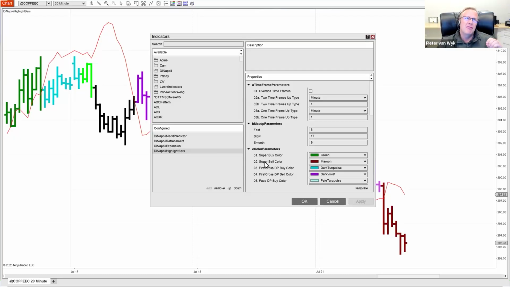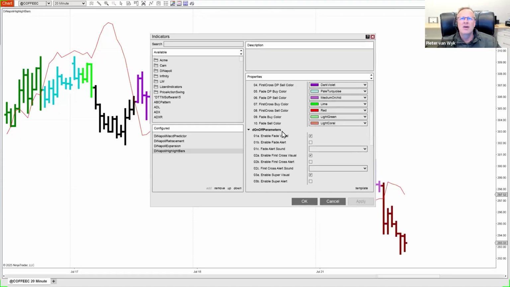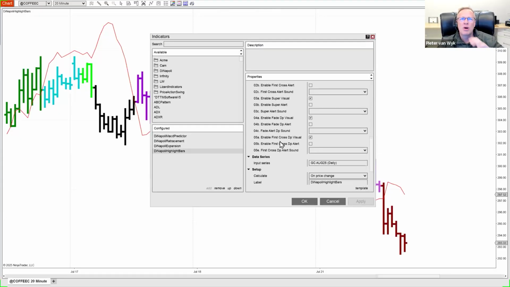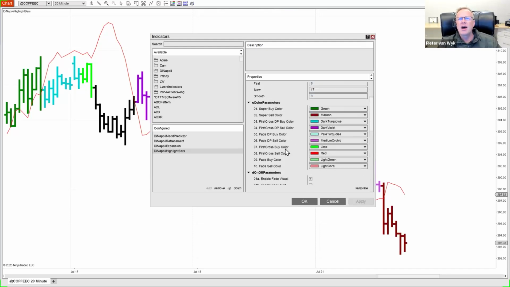If you have a 5-minute open, it's going to look at the 5, the 20, and the 60. If you want to override that, let's say you have a specific time frame you have tested on a market, you can override the features here, and then there are all the different colors. You can set the settings for them, and what each one means is to be explained outside of this webinar.